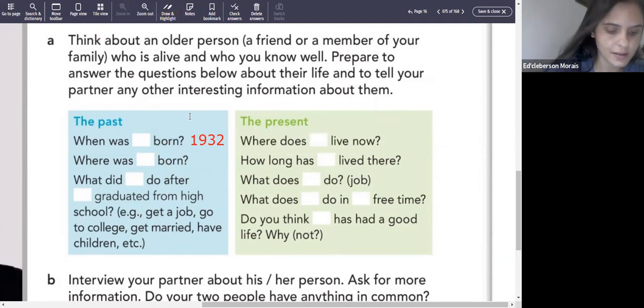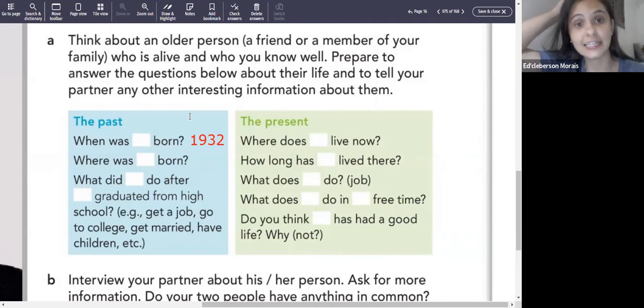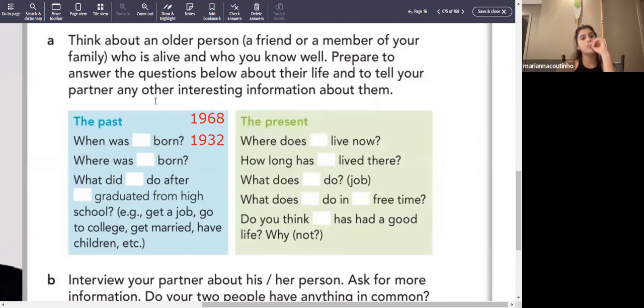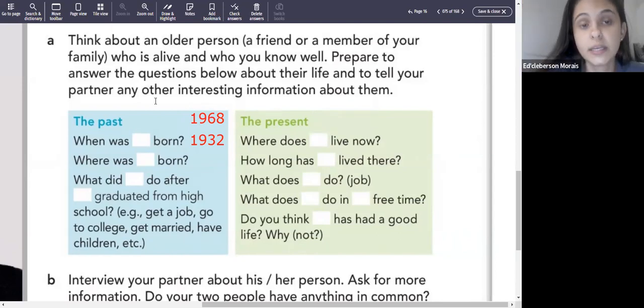So he was born, let me count here, in 1958. And where was he born? He was born in Ipirá, Bahia. Bahia, okay, so he's from Bahia.